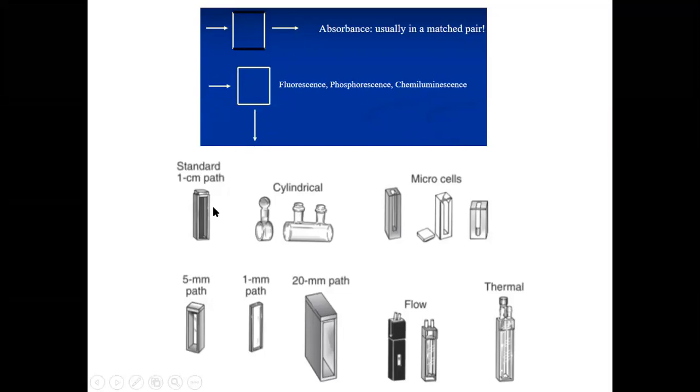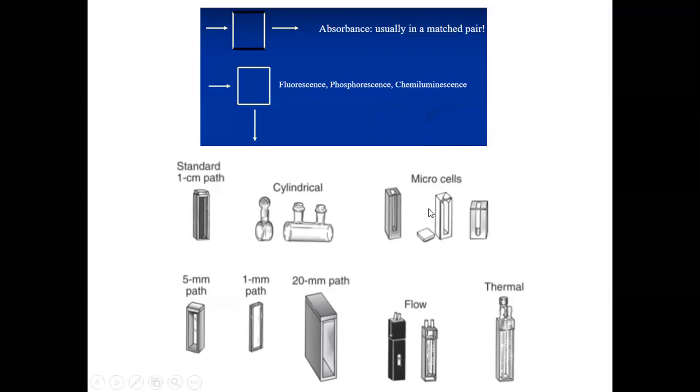Normally this is the cell that we are using, the standard cell with 1 centimeter path length, and sometimes there are cylindrical ones and microcells. Microcells are specially used when the amount of sample is really small. For example, for the standard 1 centimeter path length cell, we need at least 2.5 to 3 milliliters of the sample.